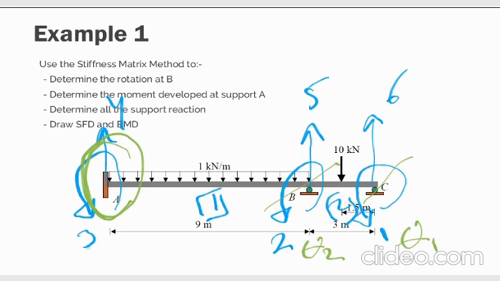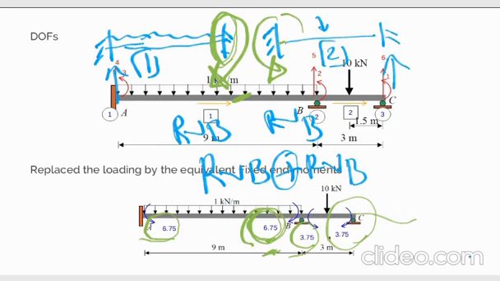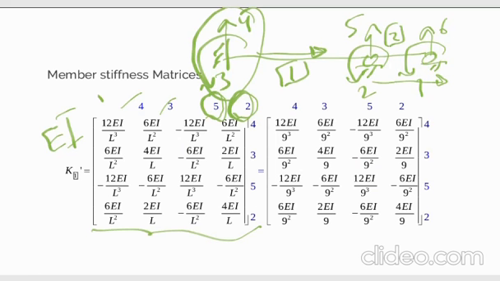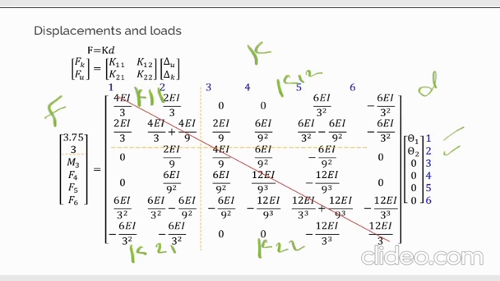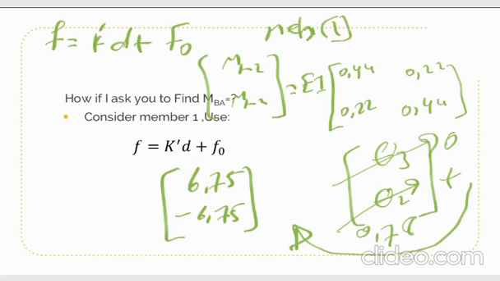But theta number 3 is fixed, so it will be 0, cannot move. So I substitute the value of theta number 3 as 0.